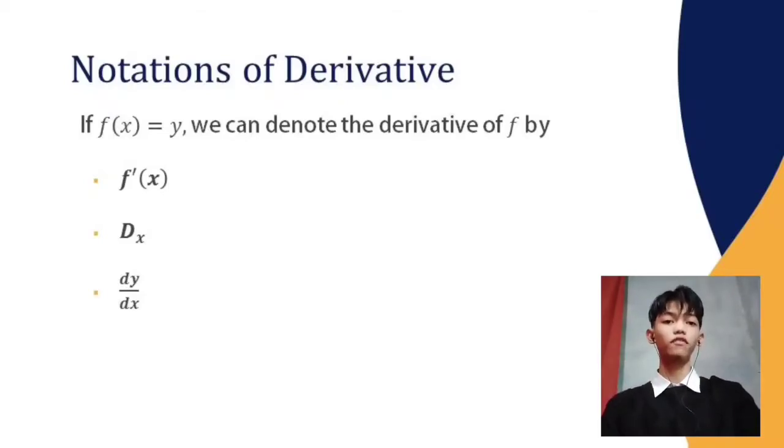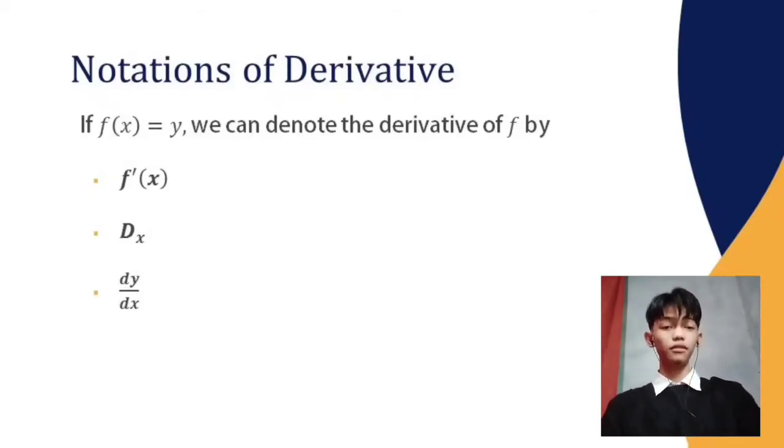First is f prime x, that is the most common notation of derivative. Second is d over dx of f(x), that is the most common notation of derivative used in engineering.